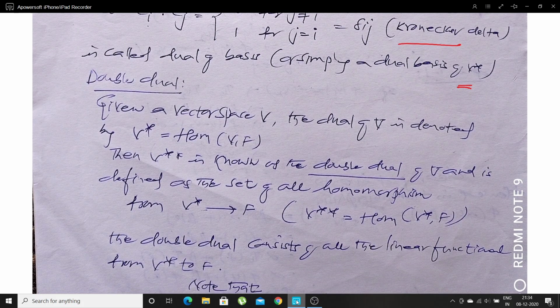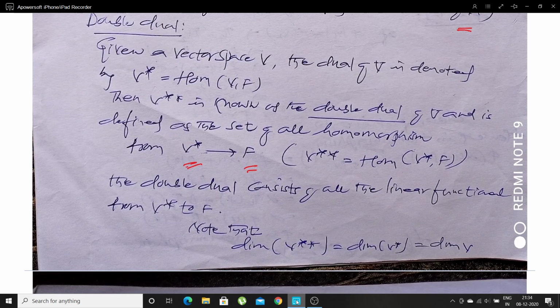And what is this? This is a mapping from V star to F. The double dual consists of all linear functionals from the dual space, that is V star, to F. Remember one point.